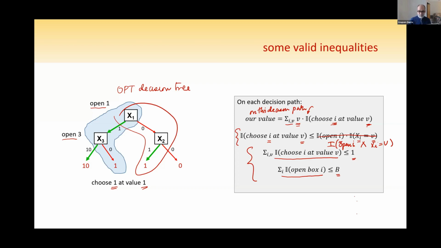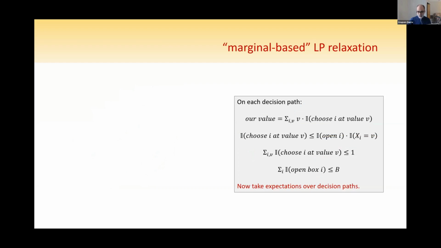If I take the expectation over all decision paths, each of these indicators will turn into probabilities.